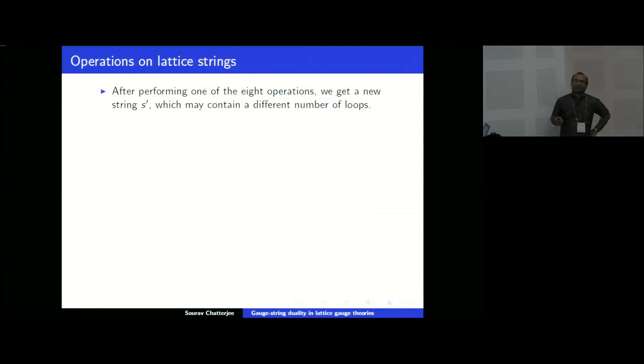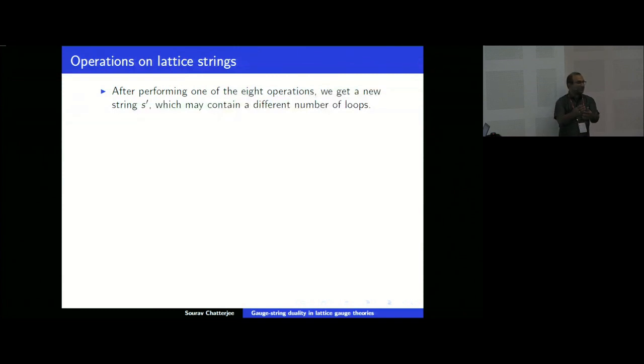And so after performing one of these 8 operations, we get a new string, S prime, which may contain a different number of loops. Remember, a string is a finite collection of loops. When you do this operation, one of these loops may break into 2, which results in one more loop, or 2 loops may merge into 1, which results in one less loop, or it may even happen that 2 merge into nothing.